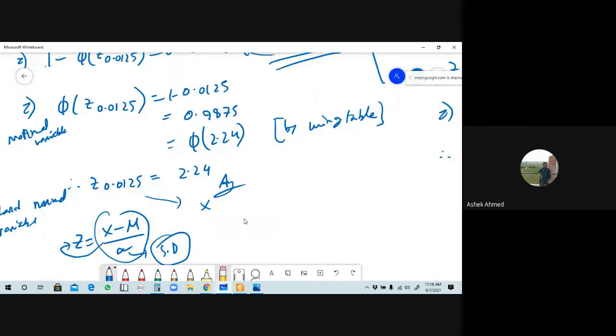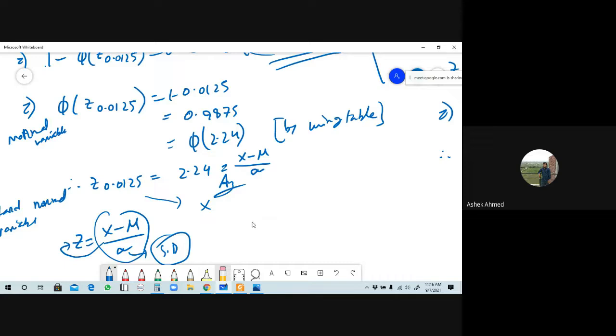So in our question, after finding z equals alpha, you have to convert this alpha into x. So how can you convert z into x? For that, write the value of z, that means 2.24 equals x minus mu divided by sigma.